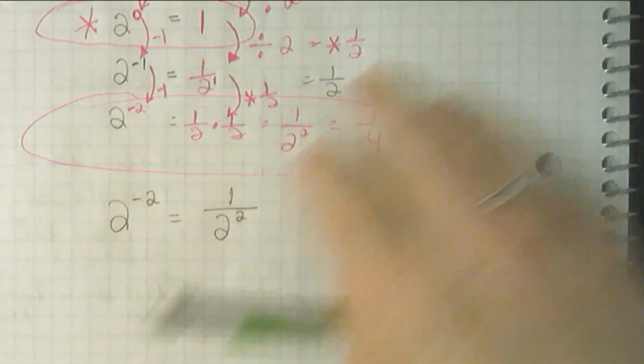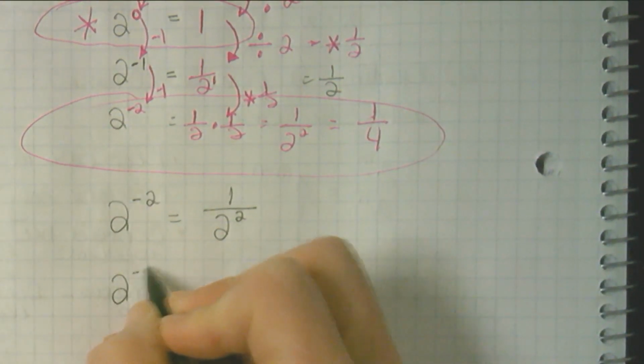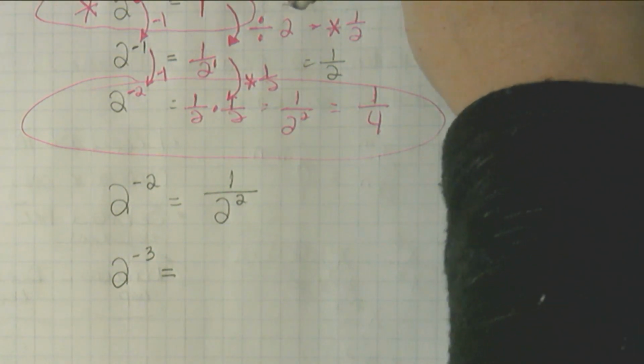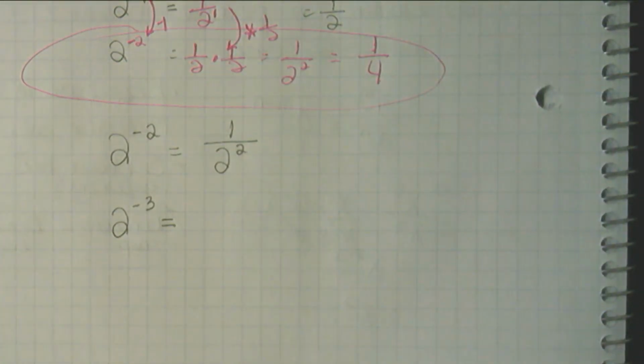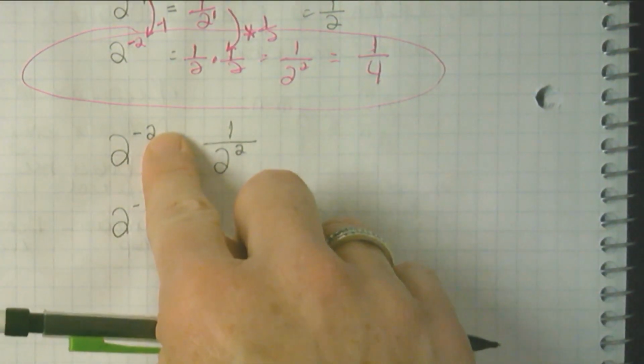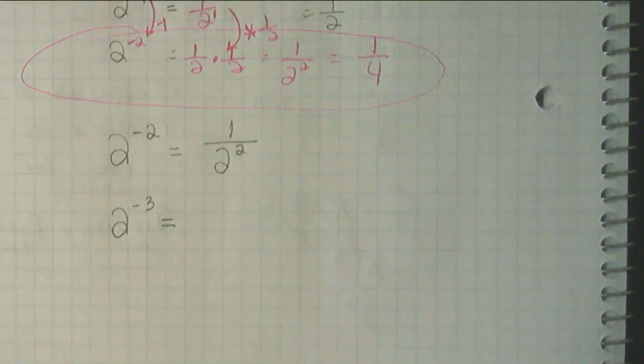So without continuing on with this whole process in this table, if I said 2 to the -3rd power, how can I rewrite that with a positive power? Because if you've noticed, I took 2 to the -2nd power and I changed it so I now have a positive power.